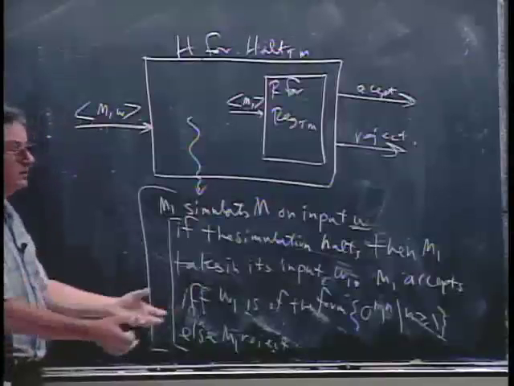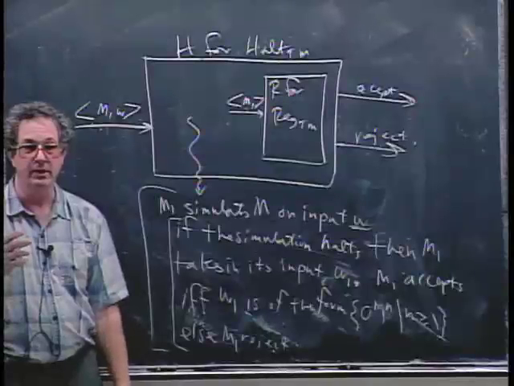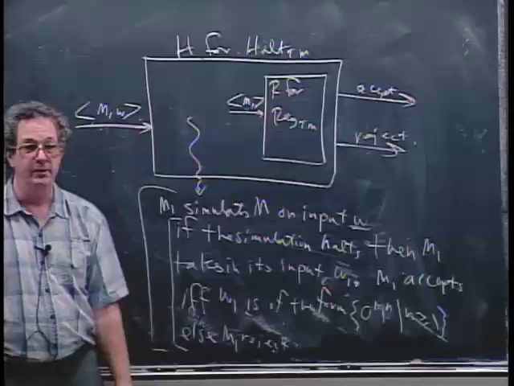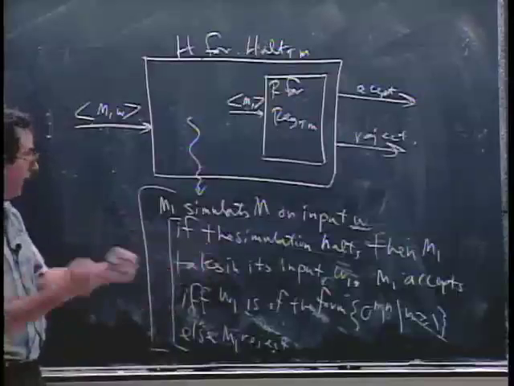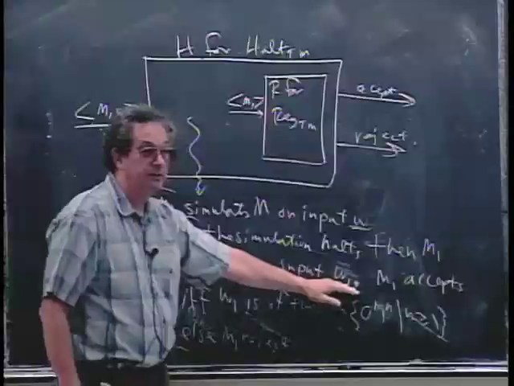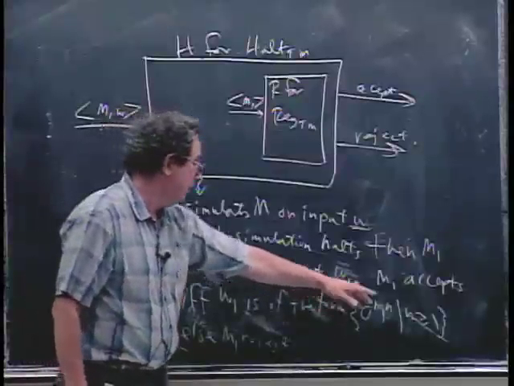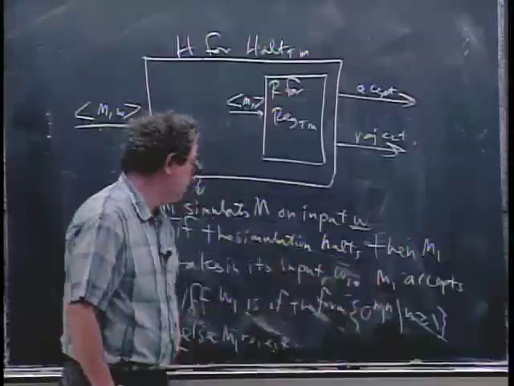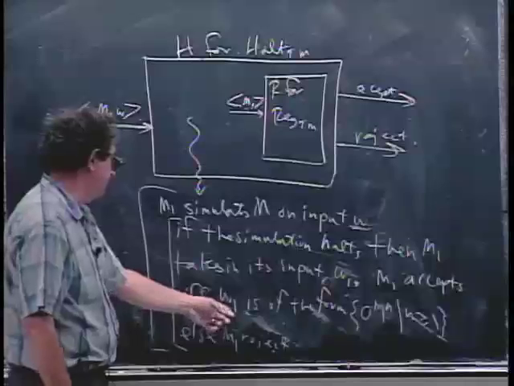And then it adds to that, if that universal Turing machine has an accept or reject. From the accept state or the reject state, that's when it knows that it's halted, and so it adds transition rules which say, now take a look at the input to M1 on its tape, and M1 will accept if W1 is of that form.